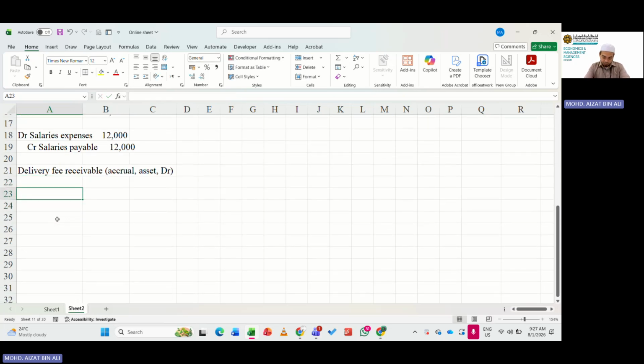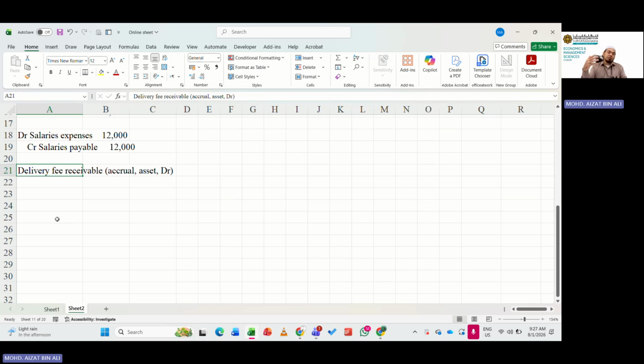Now let's look at the question. Delivery fee revenue amounting to 80,000 ringgit is on the credit side. What does it mean? It means that this is the amount that we have recorded in our account, and we want to increase this amount. Why? Because the question states that the 6,000 ringgit, number four, the bill hasn't been sent yet.